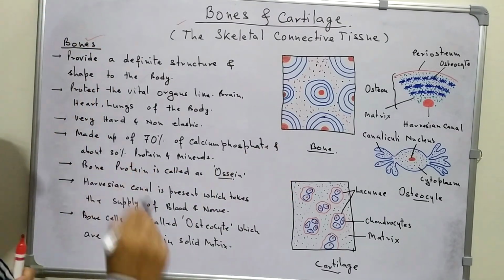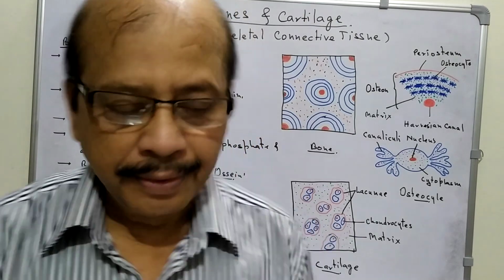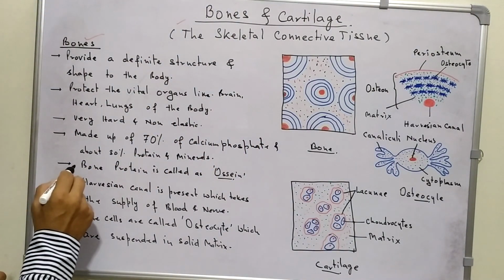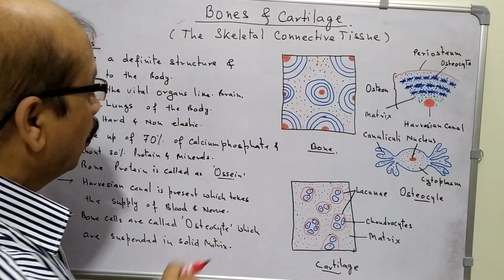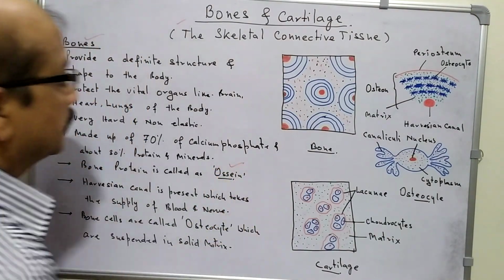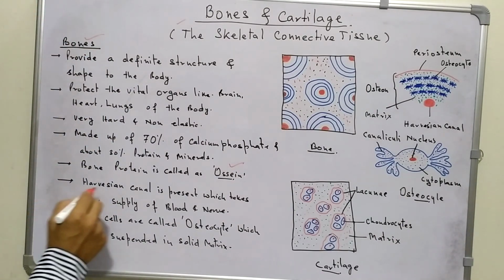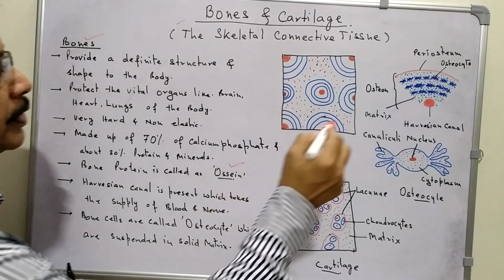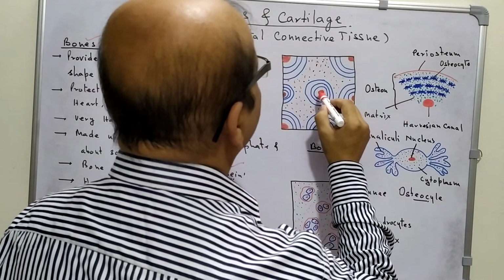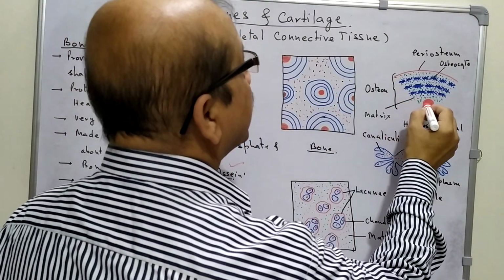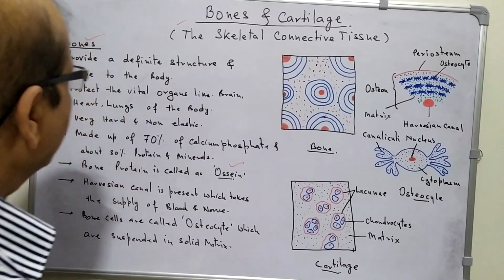And about 30% protein and minerals. The bone protein is known as ossein. The Haversian canal is present, which receives the supply of blood and nerves in the bone.